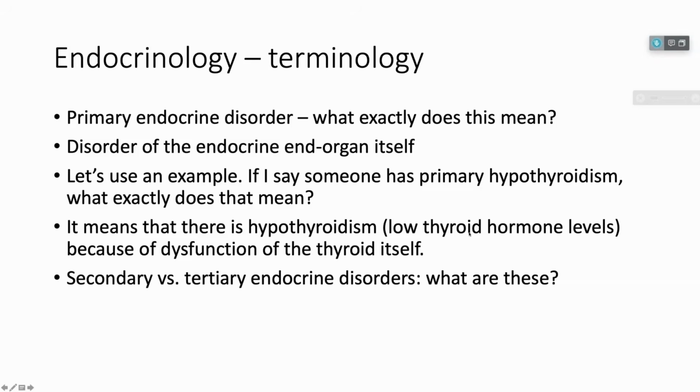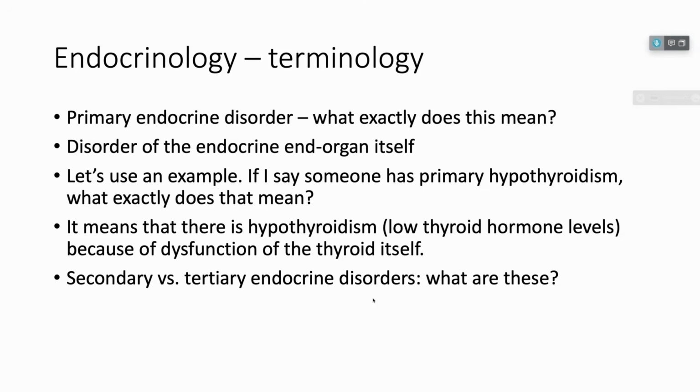So Danielle, what would secondary or tertiary endocrine disorders be? Secondary would be what's occurring at a different source, but affecting the organ itself. Endocrinology uses very specific terminology here, and it's important to know. So secondary refers to what?